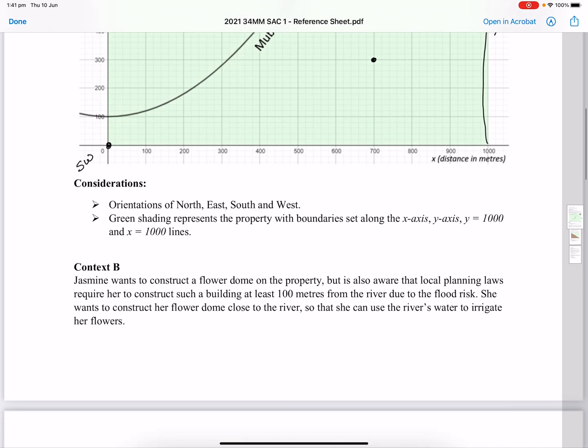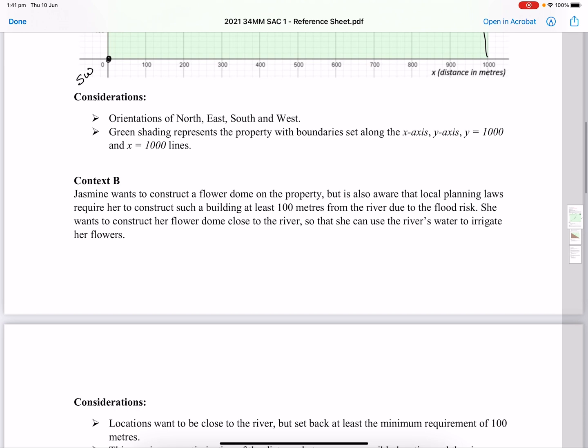Jasmine wants to construct a flower dome on the property, but is also aware that the local planning laws require her to construct such a building at least 100 metres from the river due to flood risk. Now that's common sense. We don't want to be building very close to the river, because when it does flood, obviously our flower dome is going to get inundated, so we want to be set back from the river an ample amount of distance.